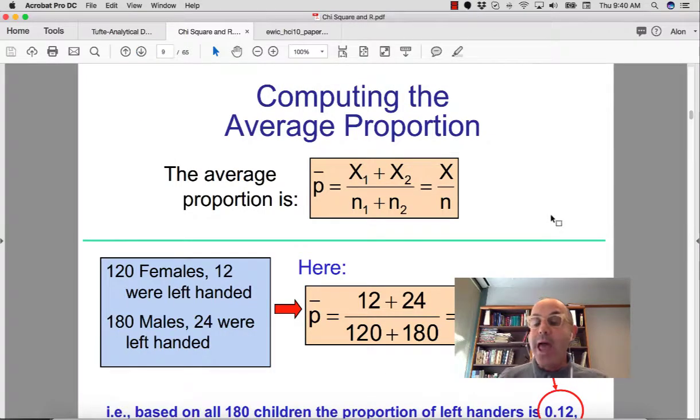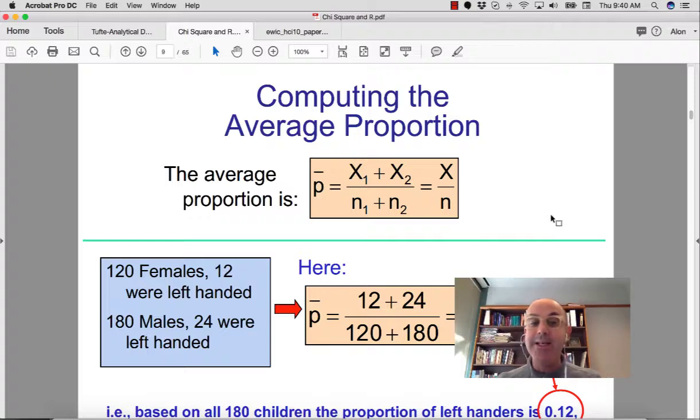So we are comparing the average proportion. The average proportion is p hat, equal to x1 plus x2 divided by n1 plus n2, which is equal to x divided by n.